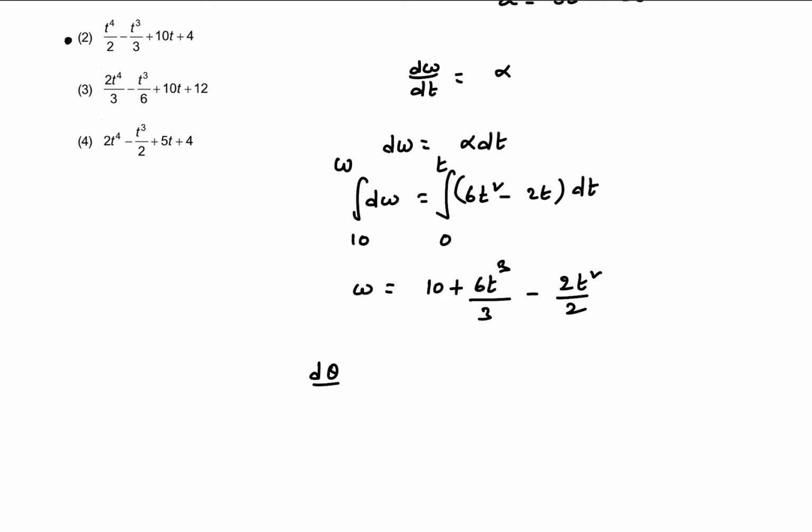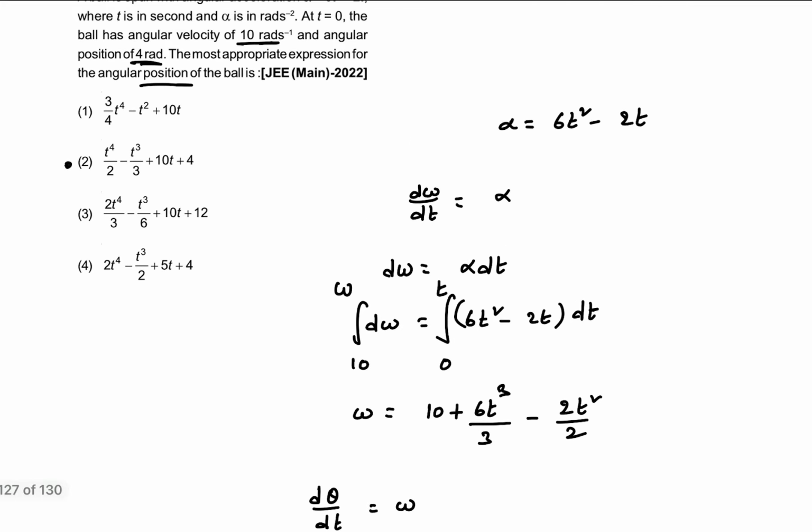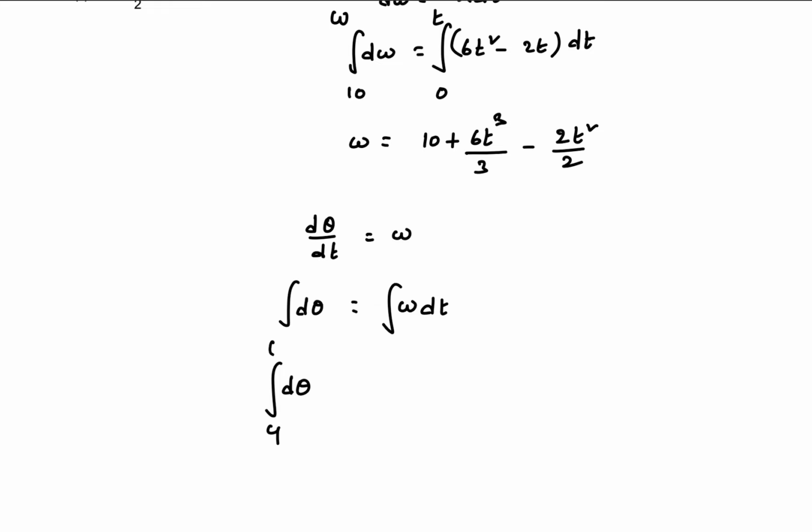Now again we know that d theta by dt is equal to omega, so integral d theta is equal to integral of omega dt. Substitute there: the initial value they have given is 4 radians and final is theta, with omega value 10 plus 2t cube minus t square into dt.